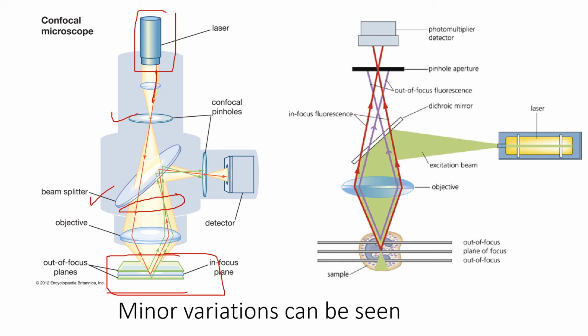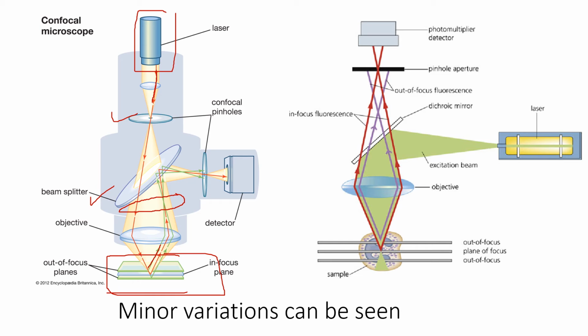The process is a bit different this time. Light rays hit our specimen and out of focus and in focus light rays are generated. Now these out of focus and in focus light rays again pass through the objective lens. Then they pass through the dichromatic mirror.